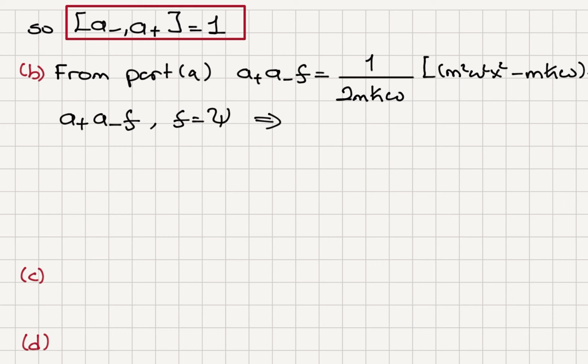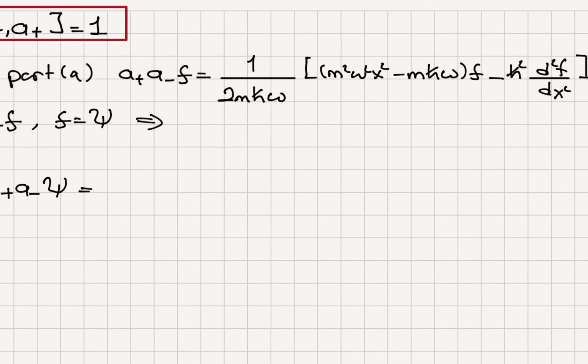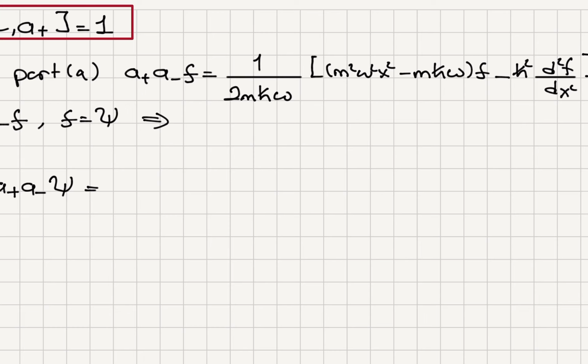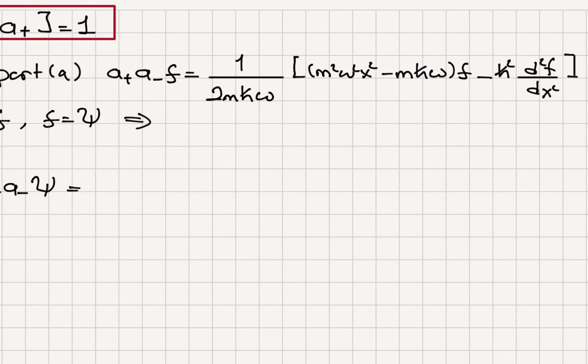So the answer will be the following: a plus a minus applied to psi is, so if I replace this function f with psi here, you will get m squared omega squared x squared times psi divided by 2m h bar omega, and then we will have minus m h bar omega multiplied with psi, and then we will have minus h bar squared d squared psi dx squared.